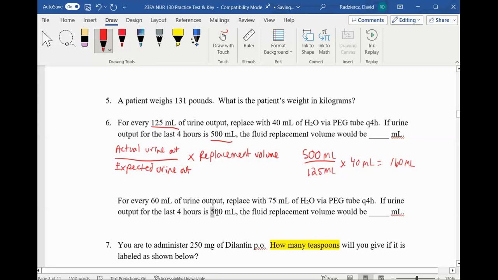And in the last 4 hours, they actually voided out 40 milliliters. I'm going to make it look like they're not voiding as much as they should be. So these are smaller values. Go ahead and take a moment, apply what I showed you in the first part, see if you can answer that question, and put your answer into the chat.